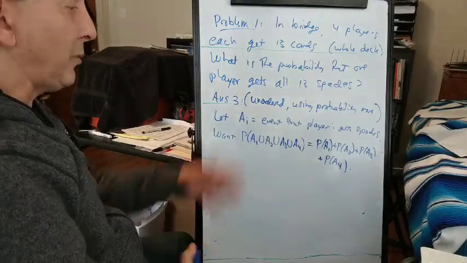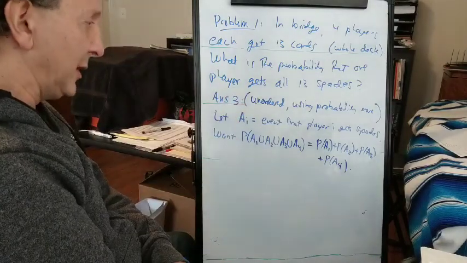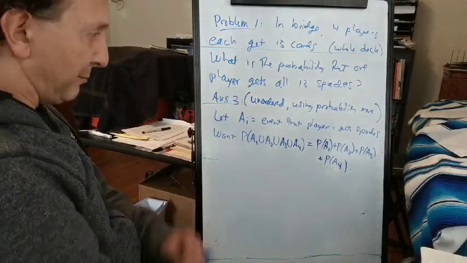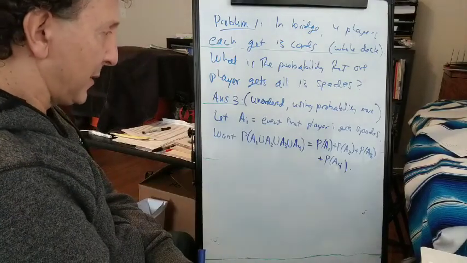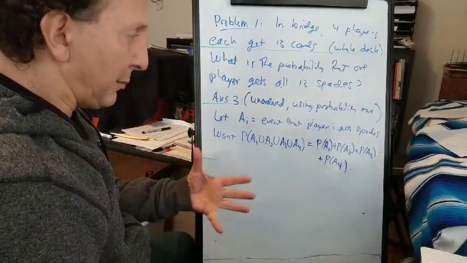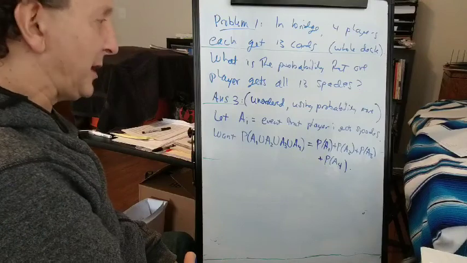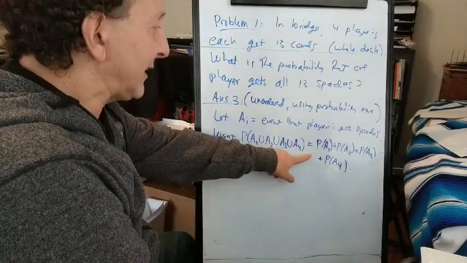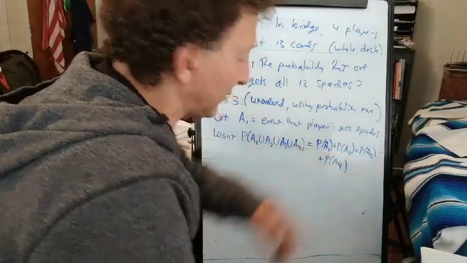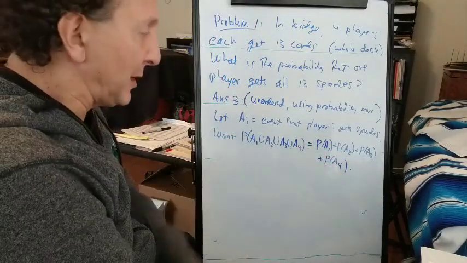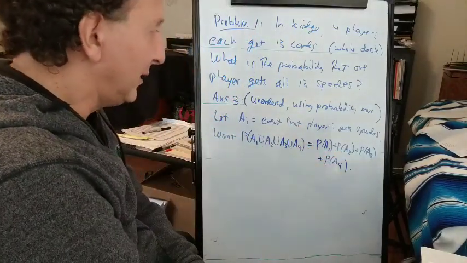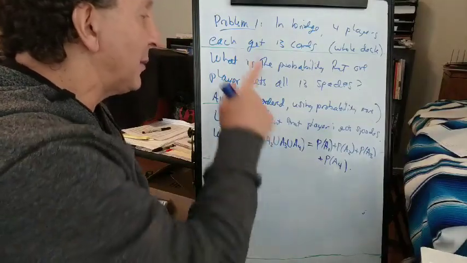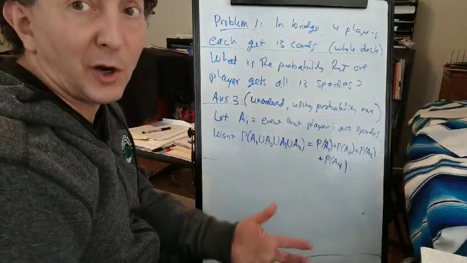Alright, so we conceivably have 4 things to compute here, except if you think about it, by the symmetry of the game, 4 people each getting 13 cards, my opinion that person 1 gets all the spades is exactly the same as my opinion that person 2 gets all the spades. And that's the same as my opinion that person 3 gets all the spades, because naming them player 1, 2, 3, 4 is kind of arbitrary.